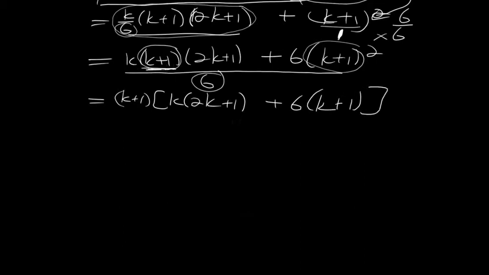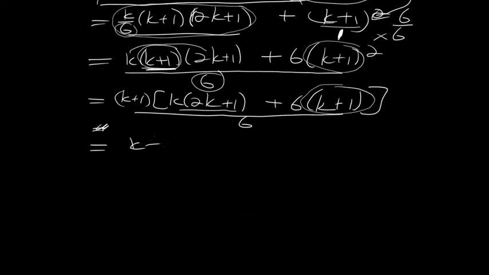See, I took out the (k plus 1), so what am I left with? k and (2k plus 1). If I take out (k plus 1) once, I'm only left with 1 there. Okay, now we need to simplify. Oh, and it's over 6, don't forget that. Okay, so then you have (k plus 1). Let's simplify that bracket.